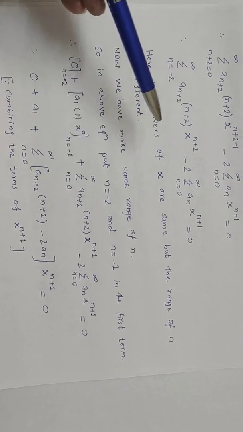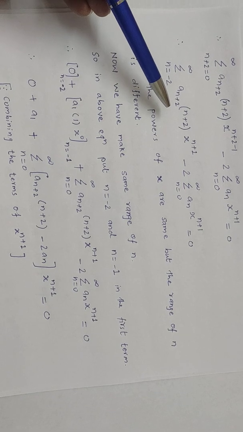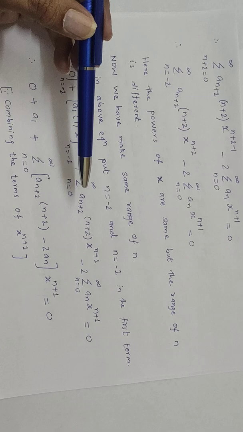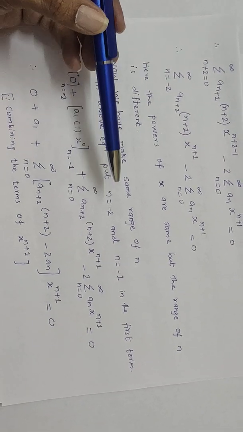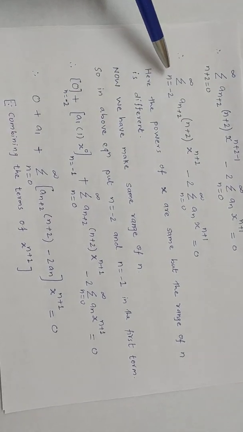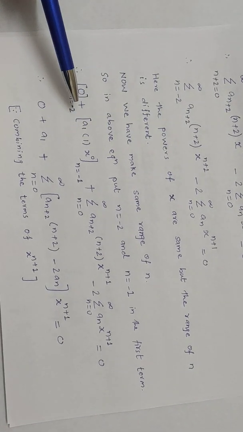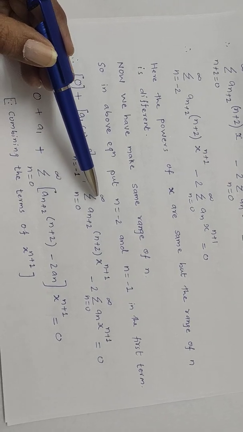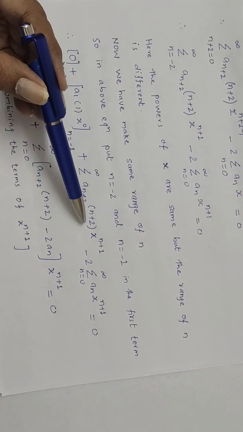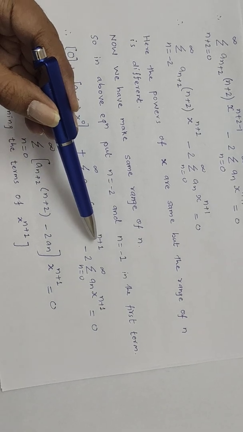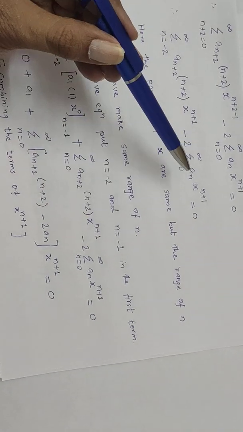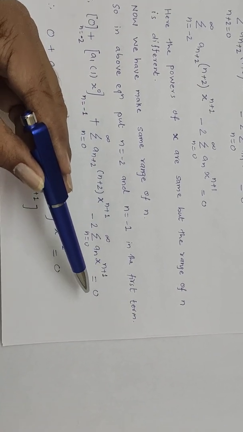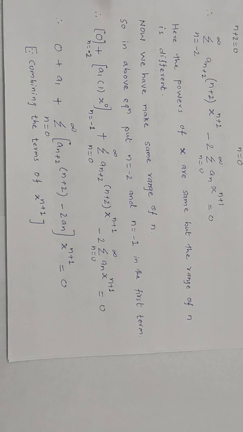And the remaining terms are in the form of a_{n+2}(n+2) x raised to n+1, but it will start from n equals 0 to infinity. So this whole term will be 0 plus a1 plus summation from n equals 0 to infinity of a_{n+2}(n+2) x raised to n+1, minus 2 as it is, summation from n equals 0 to infinity of a_n x raised to n+1 as it is, and this equals 0.